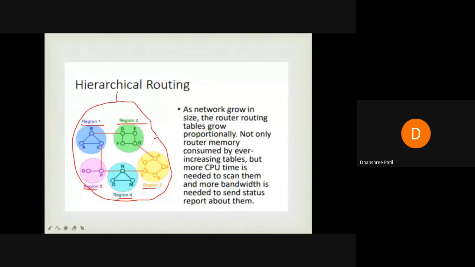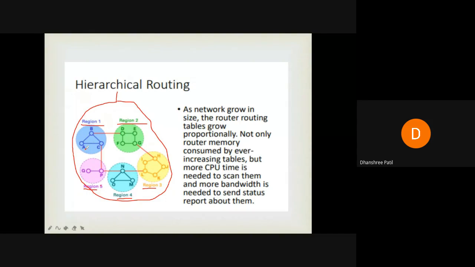Now how does it actually work? Let's take an example, region 1. In region 1, three routers are available: A, B and C. In region 5, two routers are available: Q and P. Every router is aware only of the routers available in its own region.